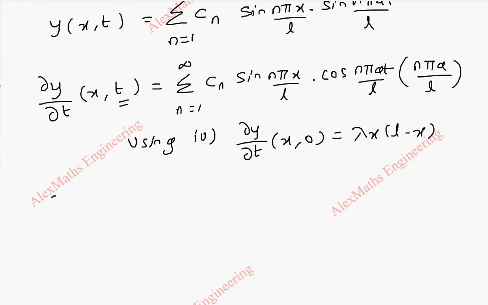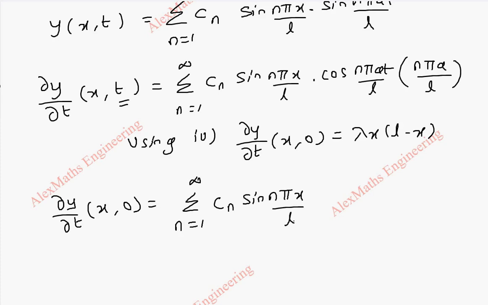So this will become dou y by dou t of x comma 0 will be summation n is from 1 to infinity and cn sin n pi x by l as it is. When I put 0 here for t, cos 0 is 1 and n pi a by l we have.